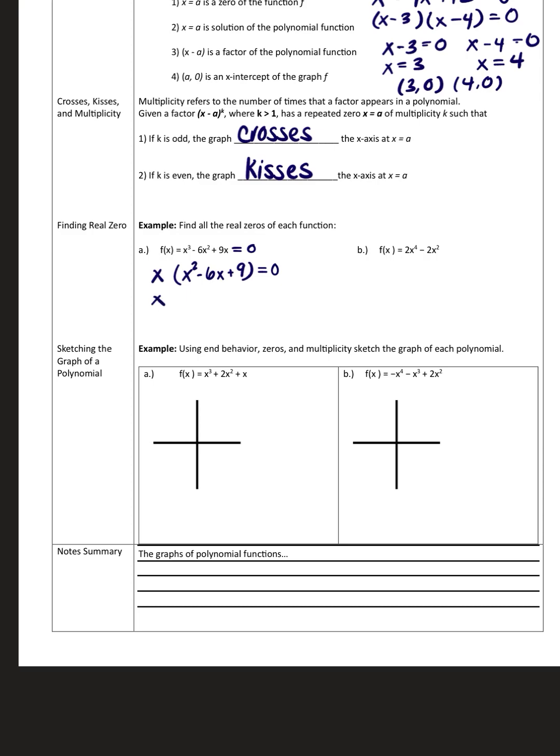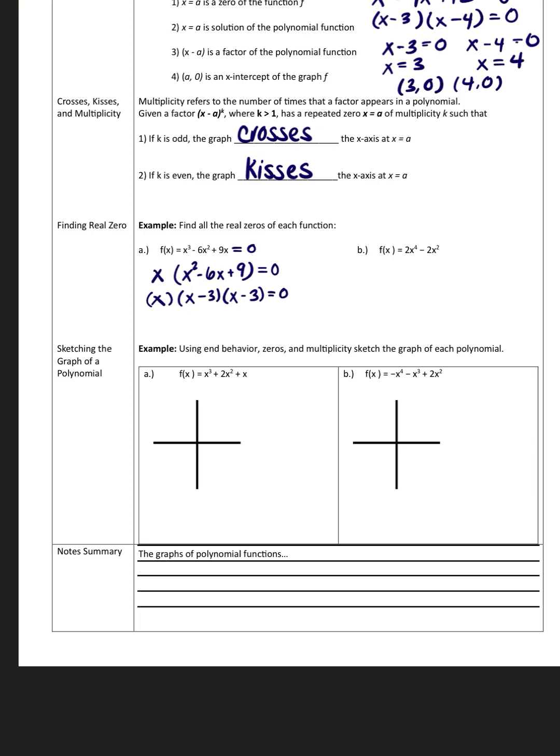I still have an x here, but I can go ahead and factor this quadratic a little further. So this would give me x minus 3 and x minus 3, because negative 3 times negative 3 gives me 9, and negative 3 plus negative 3 gives me negative 6.